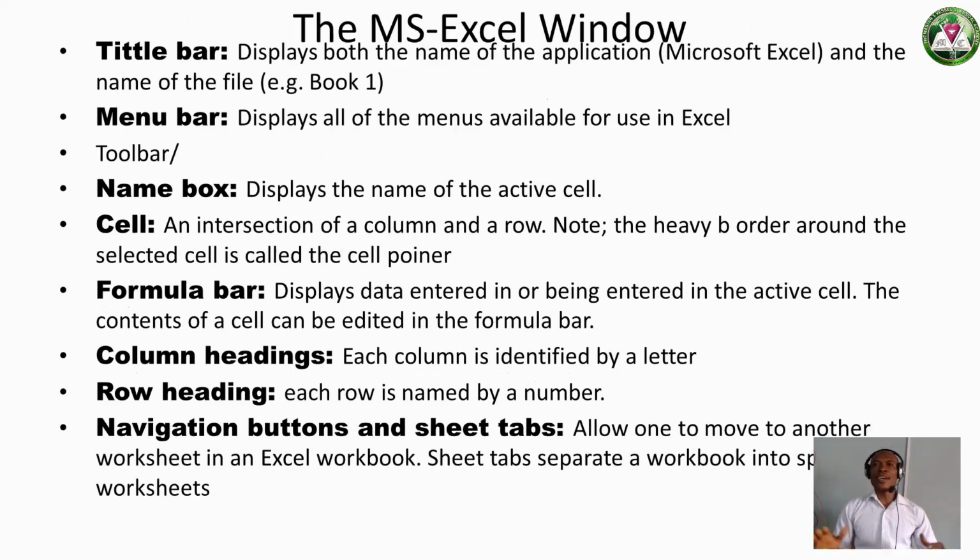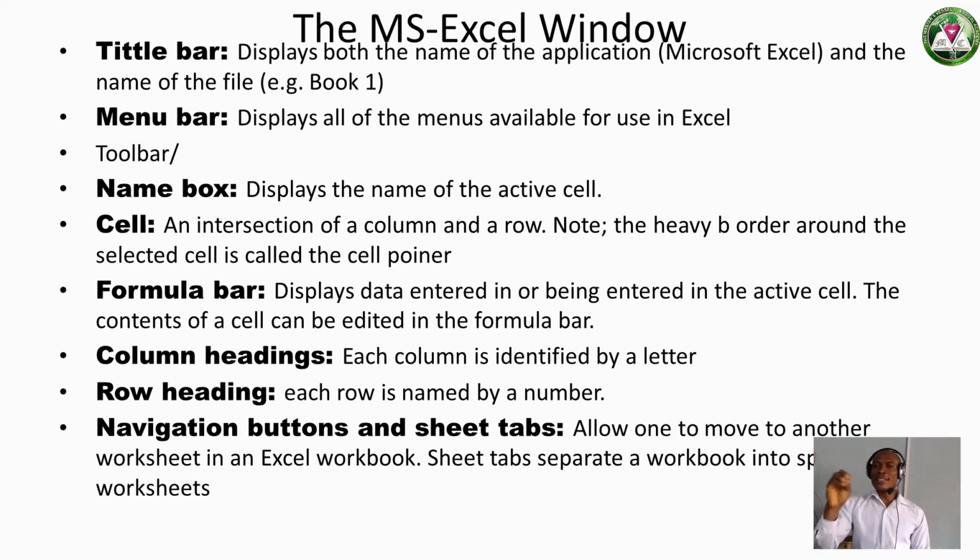Now, when the Excel window is open, there is a first bar that you see on the top. On that bar, you see the title or the name of that application you are working with. You also see the name of the file that you have opened. So when you open Microsoft Excel window, you see Book 1, Microsoft Excel.